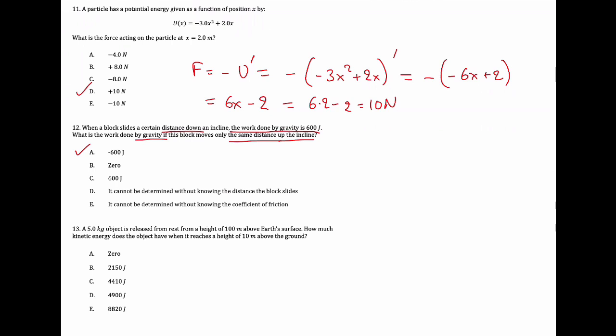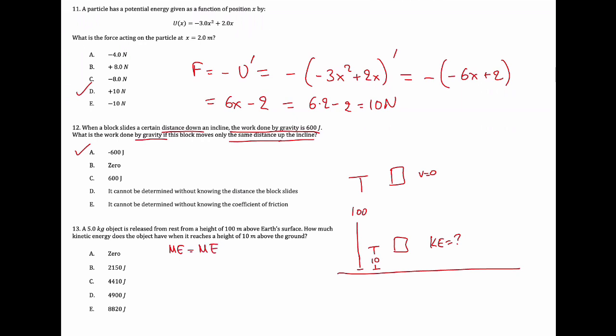So if we are 100 meters above the Earth's surface, so at a height of 100 meters, and we release an object from rest, so the velocity is 0, and this means that the kinetic energy is 0. Well, at 10 meters above the surface of the Earth, the kinetic energy can be found by the law of conservation of mechanical energy. So mechanical energy at the top is equal to the mechanical energy at the required position.